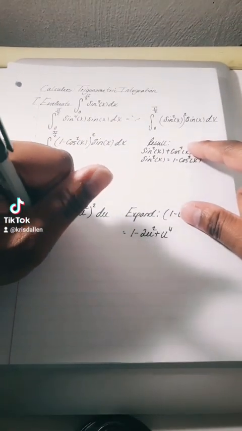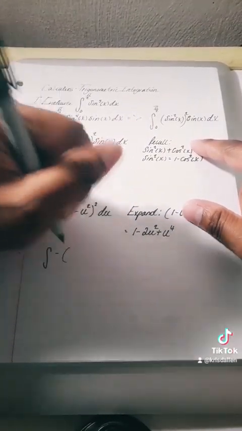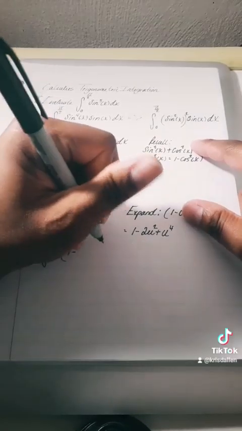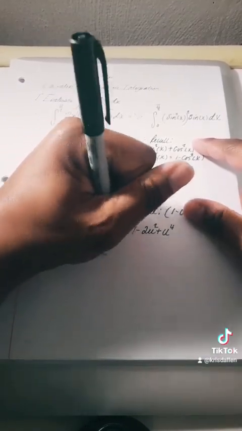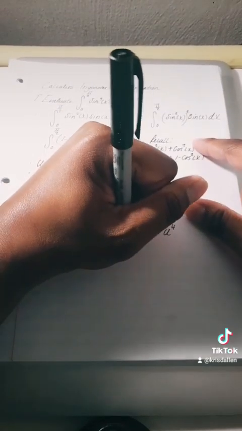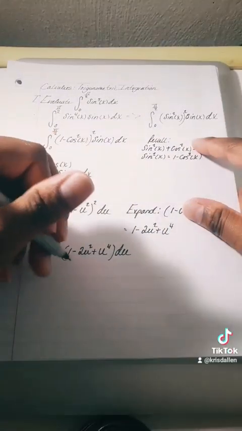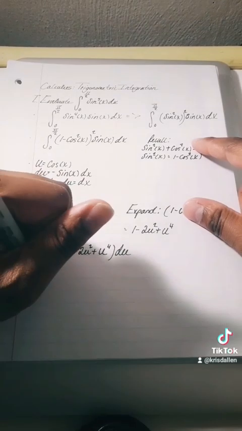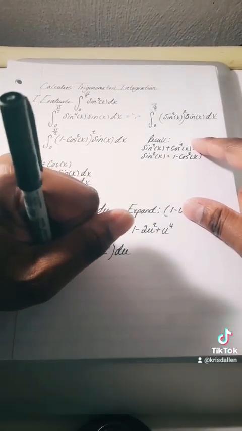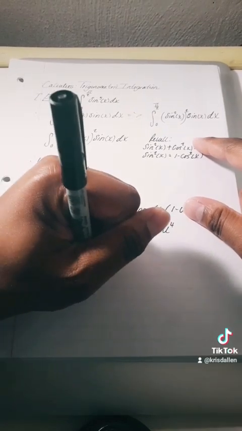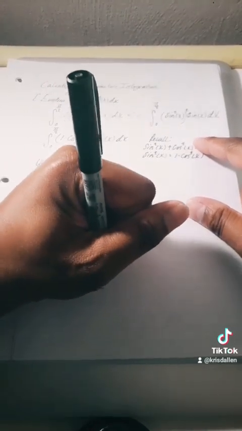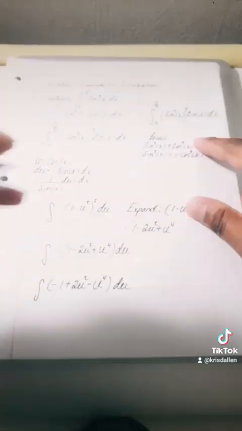So the integral would then be the integral of 1 minus 2u squared plus u to the fourth du. You can distribute in the negative, and then you'll have the integral of negative 1 plus 2u squared minus u to the fourth, and this could be integrated with respect to u.